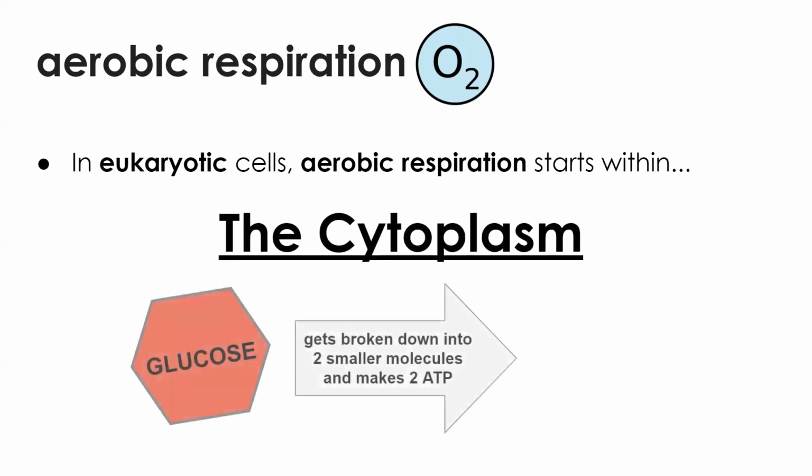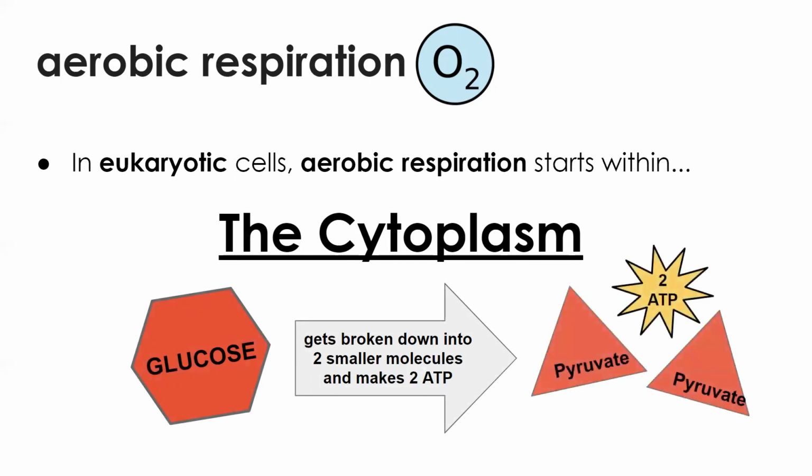That glucose is a large molecule, so it has to get broken down into two smaller molecules called pyruvate. Whenever a molecule is broken down, it releases energy. So in this first initial process of aerobic respiration, that large glucose molecule, when it's broken down, releases 2 ATP.